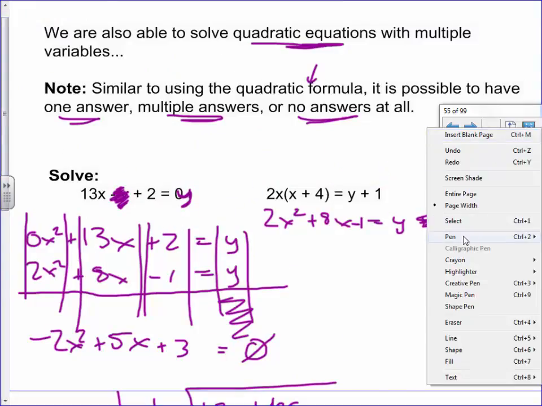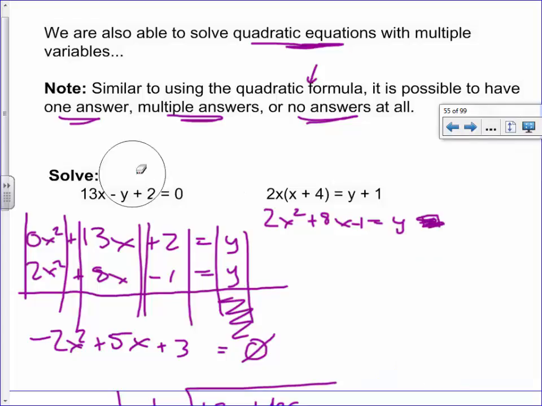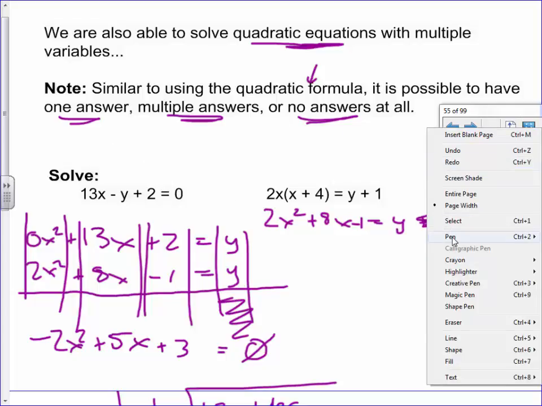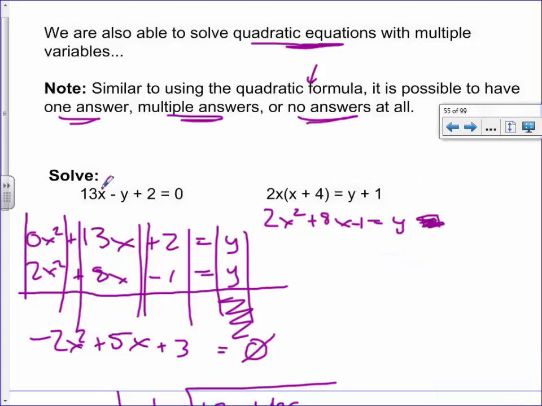For example, where were we here? Here is an equation. We could take our answer for x, plug it in right here, and solve for y. The only difference is you have to do it twice. For every value of x you get, you're also going to have a value of y. So I'm going to skip that step because that's not necessarily the new part.